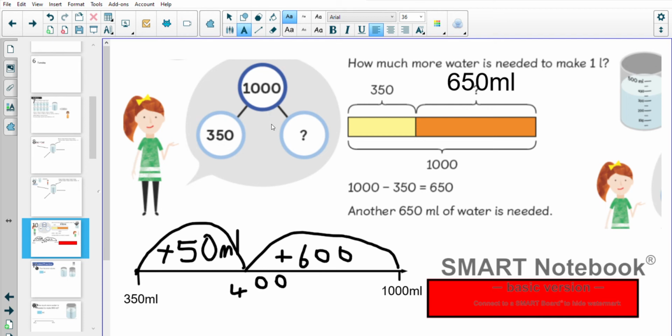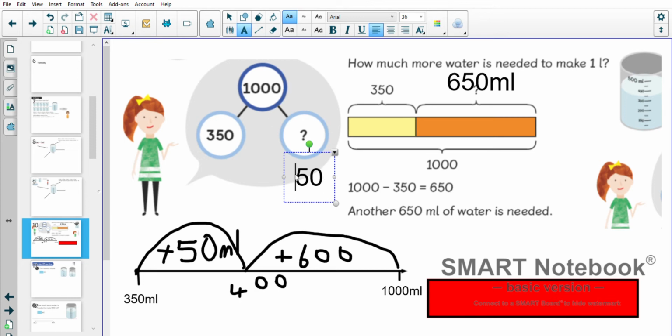I know I'm going to have to correct some of you, so don't do this. What some people do is they say, well, 50 add 50 is 100, and then 3 add 7 is 10, so 300 plus 700 is 1,000.